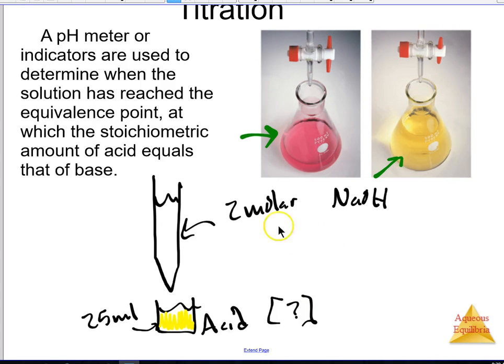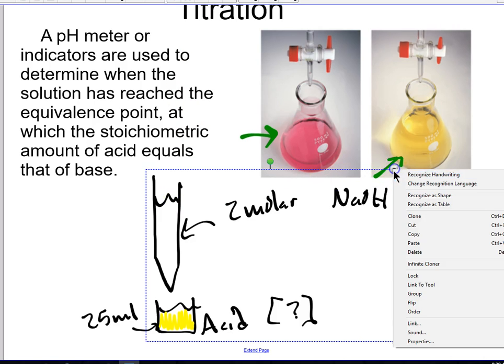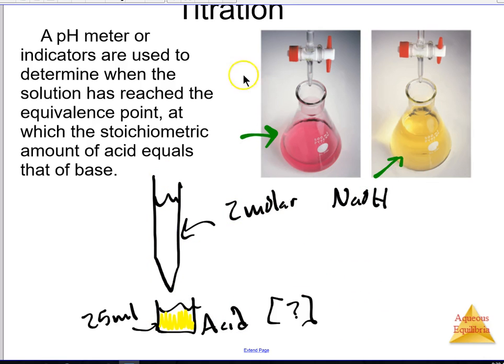Okay with that? So now what I'm going to do, there's a little valve here, I'm going to open this up and I'm going to add base to my acid.